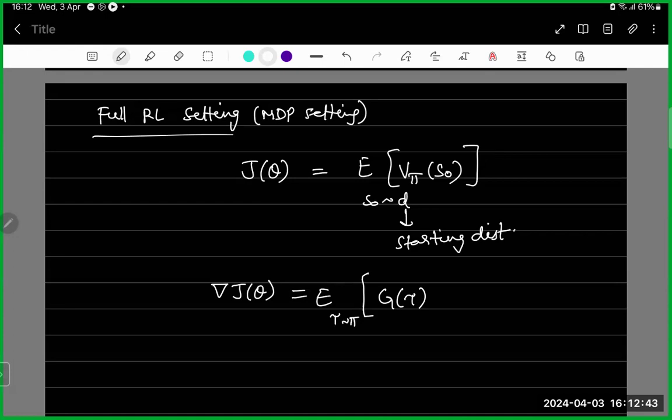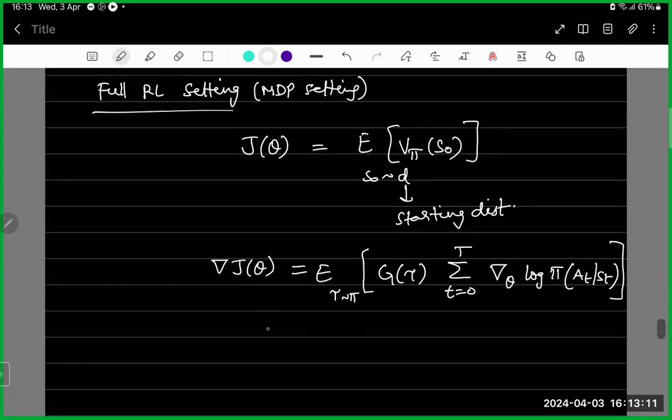So instead of RT, we use G tau, the return for the whole episode, and the other term boiled down to something like this.